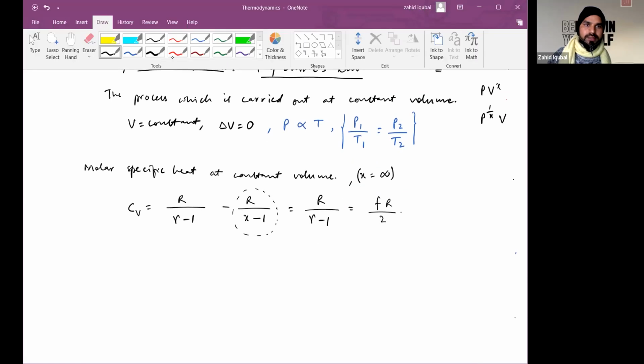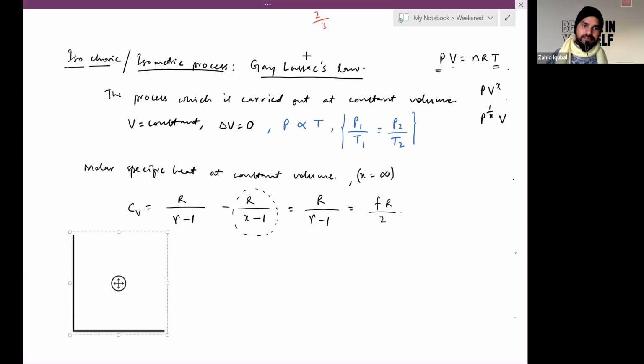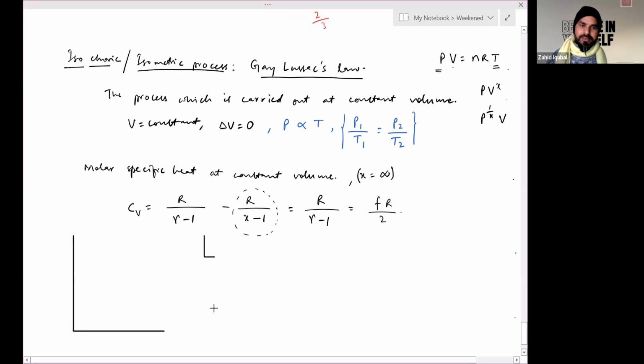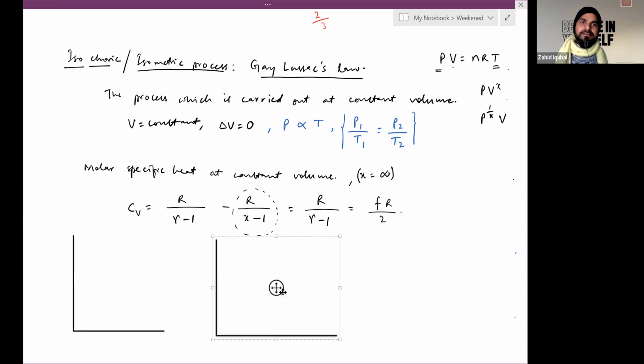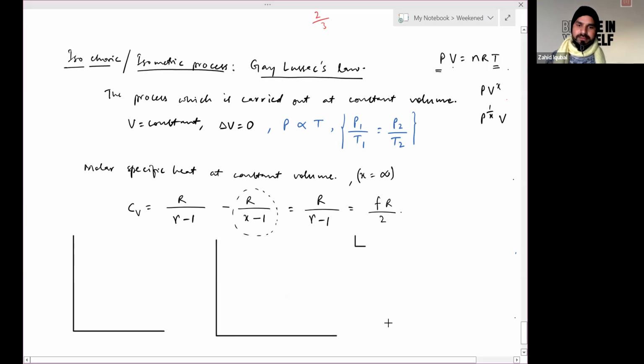Now, using this, you have to plot graphs between pressure versus volume, similarly volume versus temperature, and pressure versus temperature.